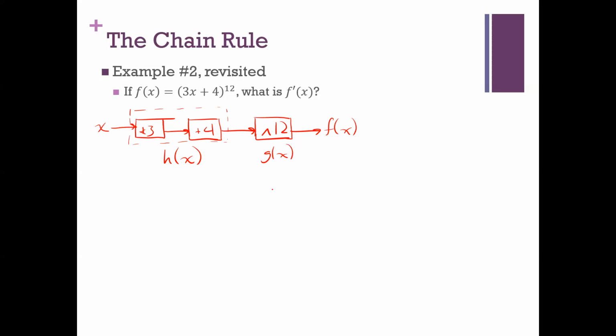Yeah, raising it to the power of 12. So I'm going to call g of x x to the 12th. Basically, whatever comes into that block is going to get raised to the power of 12. By that logic, how can I represent this function h of x? 3x plus 4.